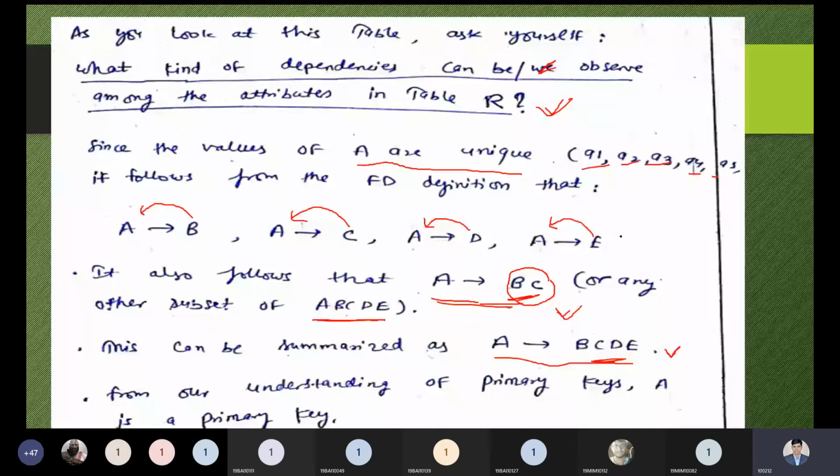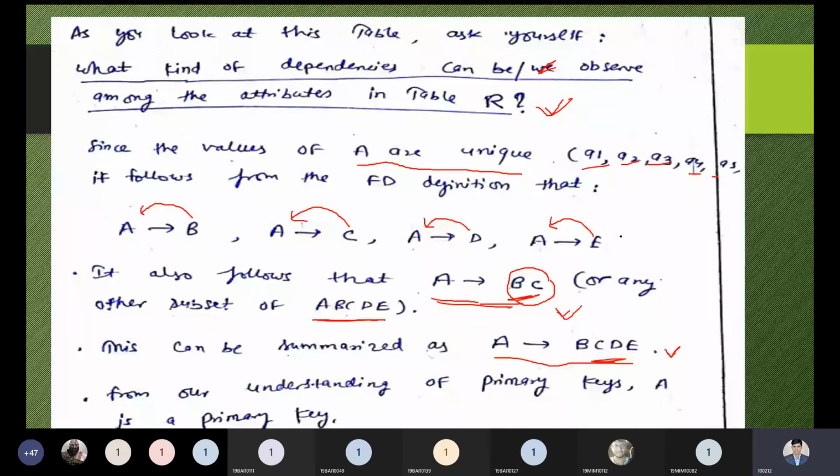So if I take a composite attribute like the combination of B and C, you can take B and D, you can take B and E. The composite attribute B and C will also depend on A, and by making these different lists of domain values by B and C and A, by taking the advantage of the A attribute, this newly constructed relation will have uniqueness in the entire record. So this is the point.